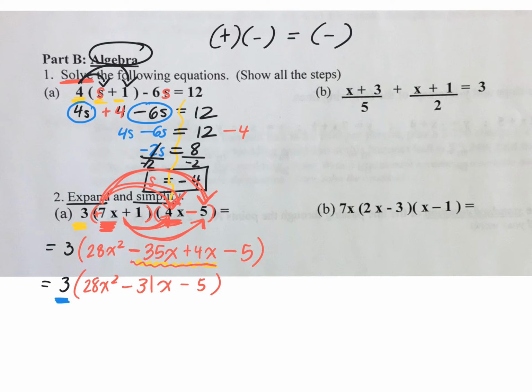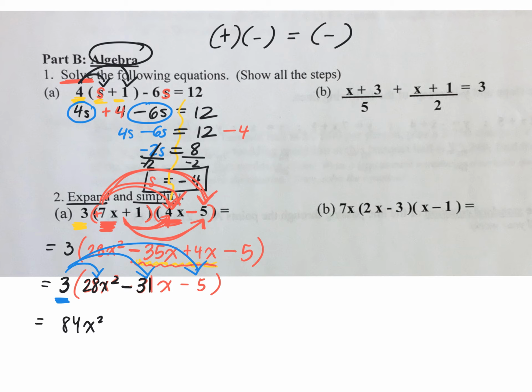Now you take the 3 and you multiply it by each term inside the bracket. So let's do that step by step. So I'm going to do 3 times 28x squared. What's 3 times 28? 84x squared. Then I do 3 times what?